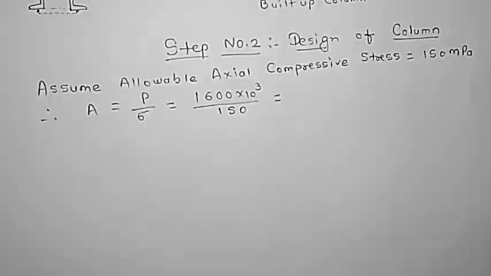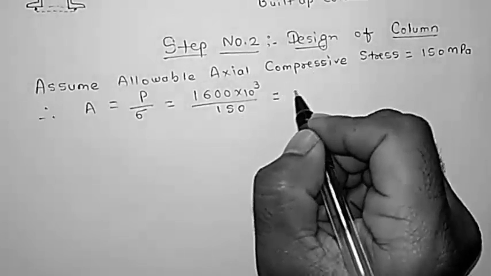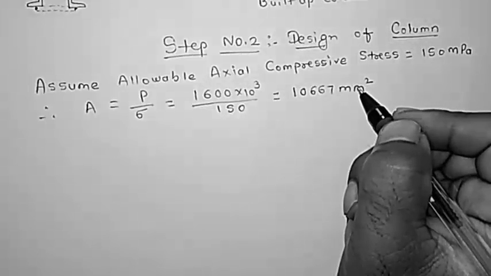So from this you will get what should be the cross-sectional area required for the calculation of the built-up column, and specifically if you are considering the channel sections, that might be I sections. In that case, for I sections you can also take the same step. So here area is coming out to be 10,667 mm square.